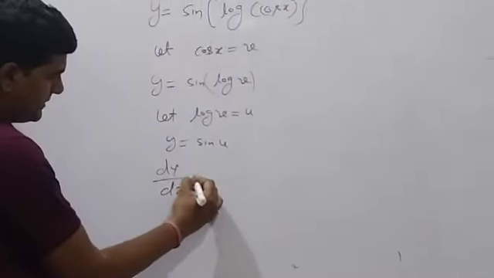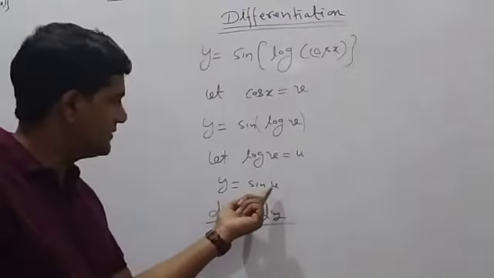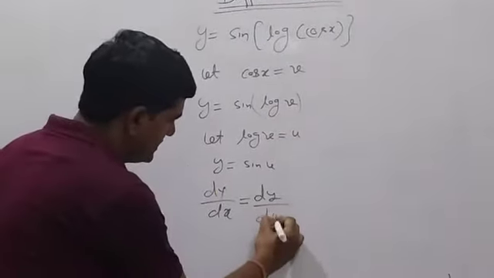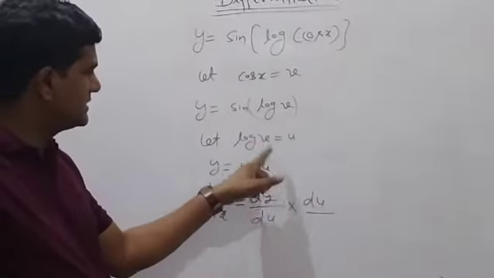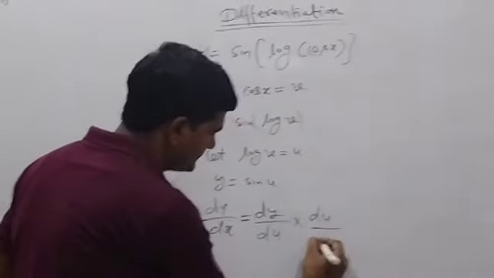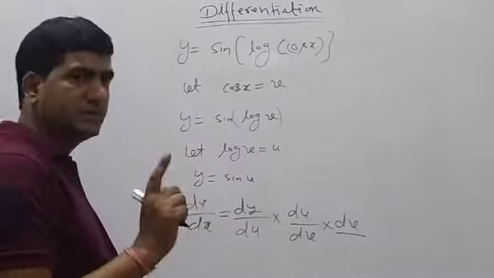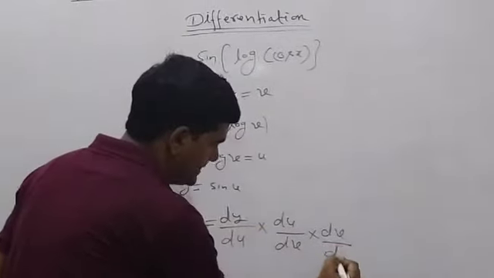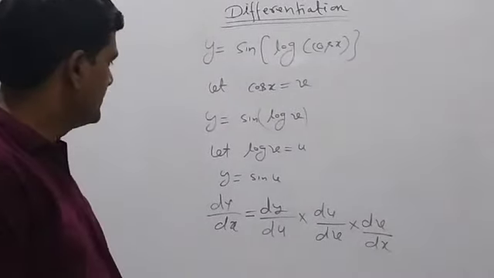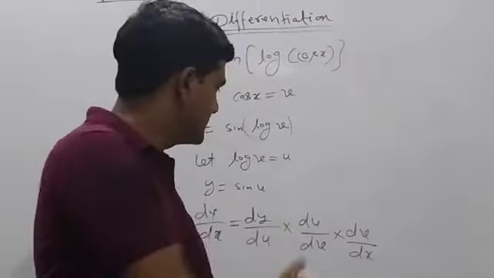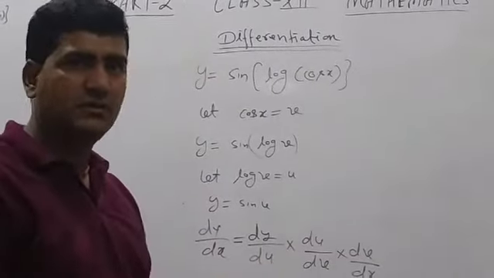We know that dy by dx is equal to dy by du, the value of y in terms of u, into du by dv, the value of u in terms of v, then dv by dx, the value of v in terms of x. Now this is the formula. This is the chain rule, an important rule, but it is not compulsory. You will apply these methods and you will get the answer. One more rule we have, and we can apply that rule also.